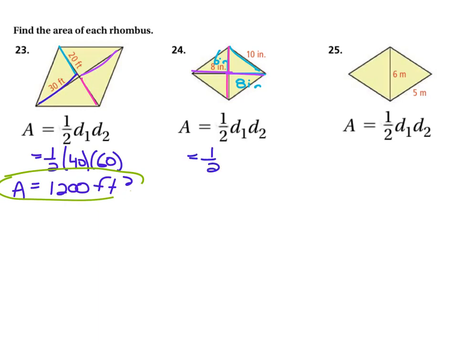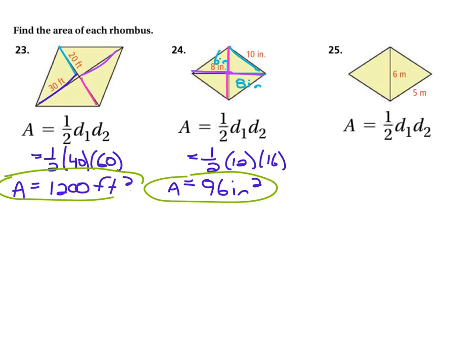We could say 1/2 of 6 plus 6 is 12, and 8 plus 8 is 16. Then we're just calculating this out. 1/2 of 12 is 6, and 6 times 16 is 96. And what are the units? They were inches, so inches squared for the area.